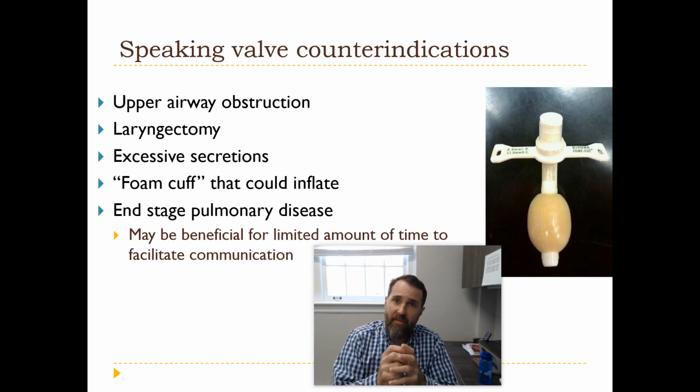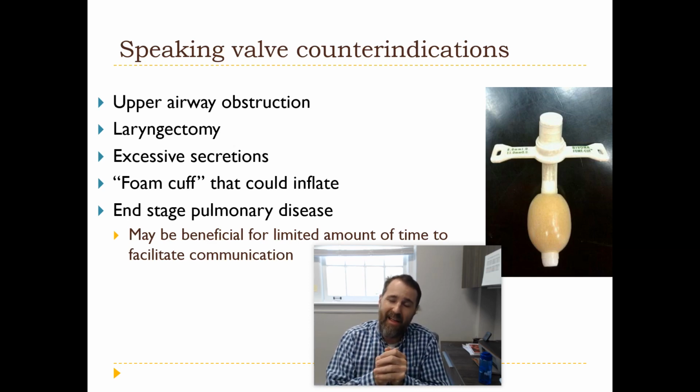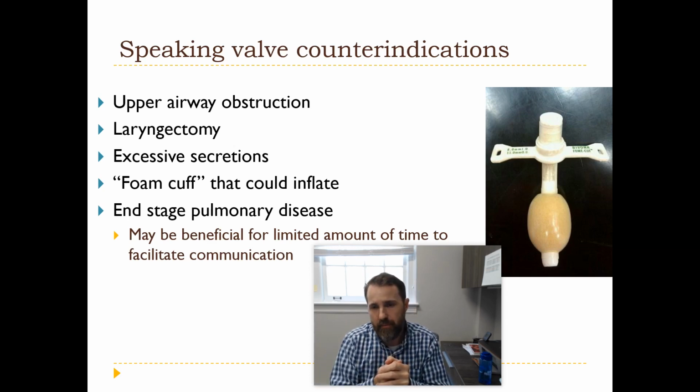Well, first of all, think about the foam cuff. It is the foam that inflates the cuff. So you can suck the air out and you can vacuum the foam cuff down against the tracheostomy tube. And let's say you put a speaking valve on the patient and they are able to expire past the foam cuff.